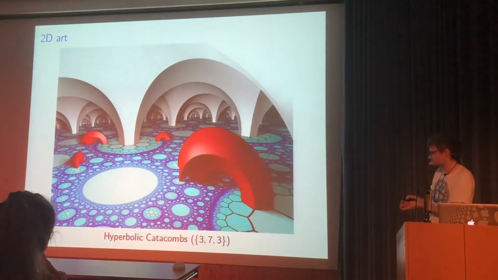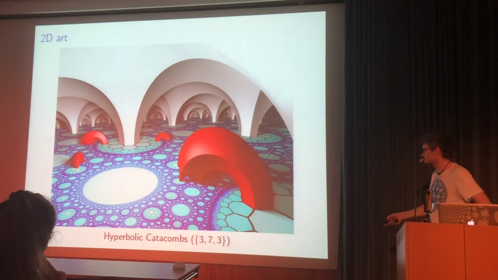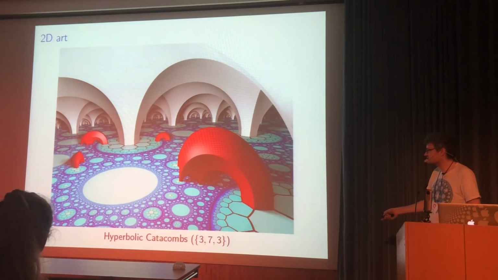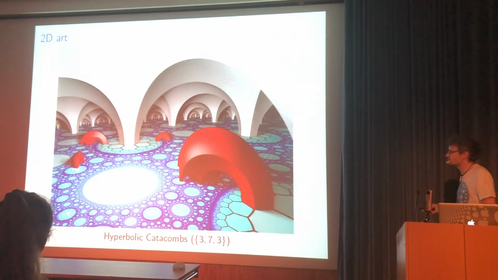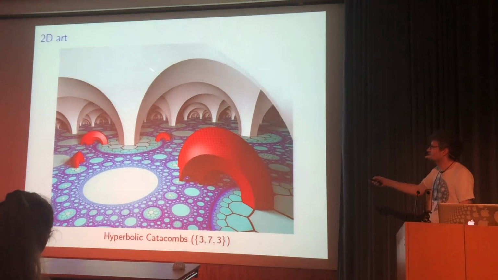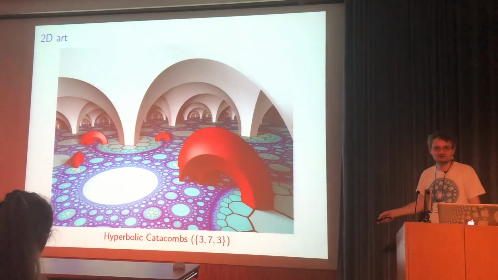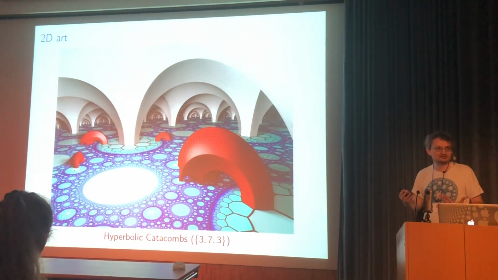And this was an artistic interpretation of 373. So what is going on here? I think we saw this before. This thing has hyperideal vertices and hyperideal cells. So what are we actually seeing? The cathedral catacombs here, we're inside of one of the cells.